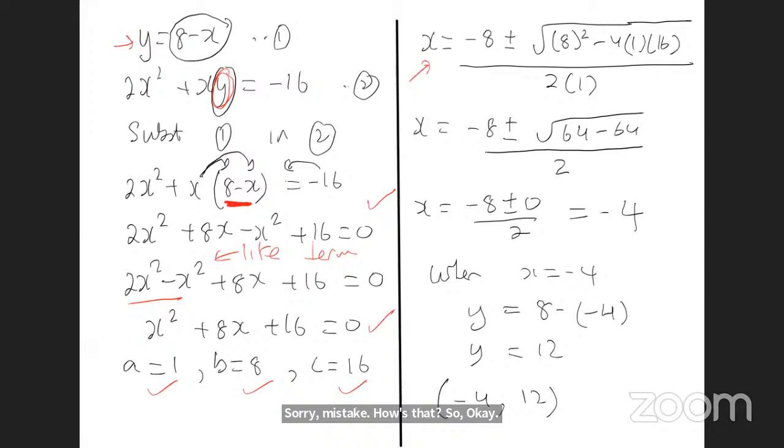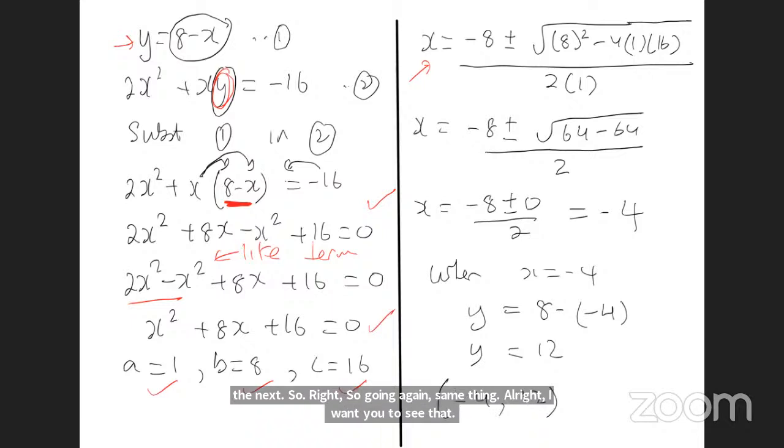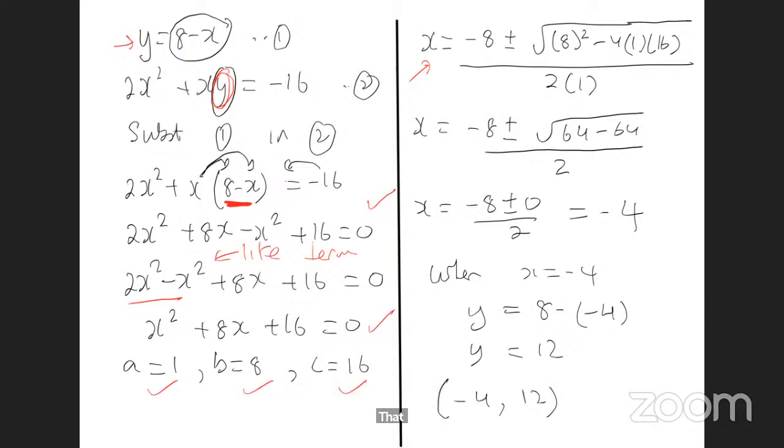So, right, come on the board and do the next one. So going again, same thing. I want you to see that fourth line. That fourth line is the most important line. Make a substitution and then take your time and expand it out. Okay? Did you get that?